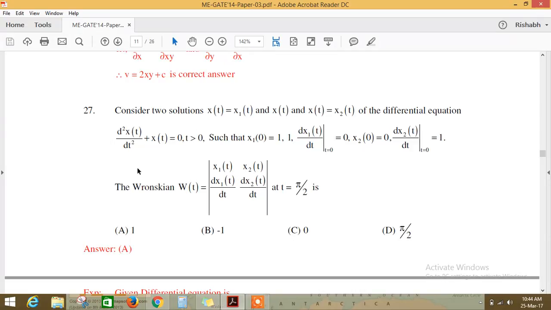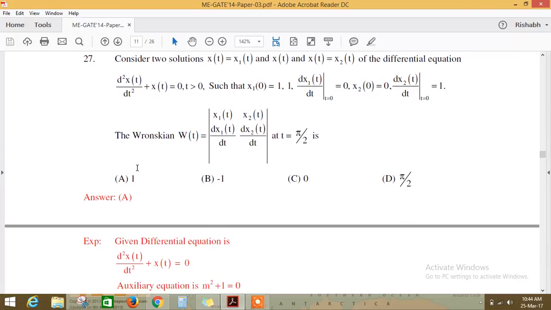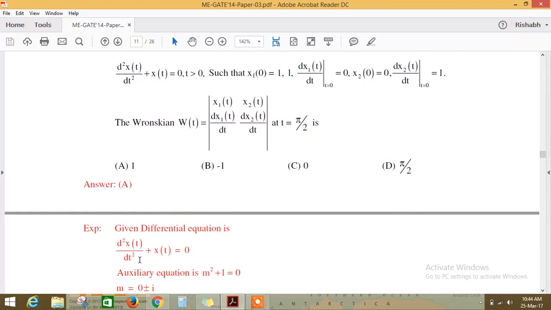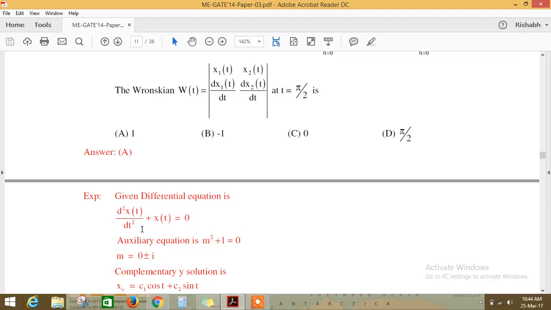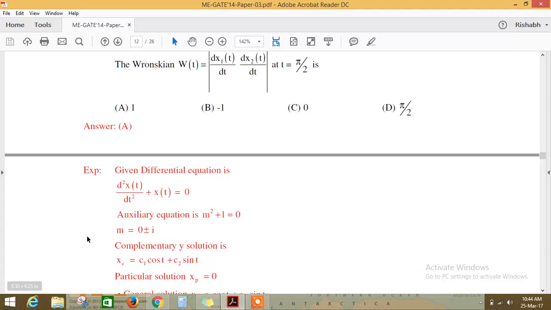This is the differential equation given, so you can easily find the auxiliary equation. It is m square plus 1 equals 0, so you will get the values of m as plus minus i.